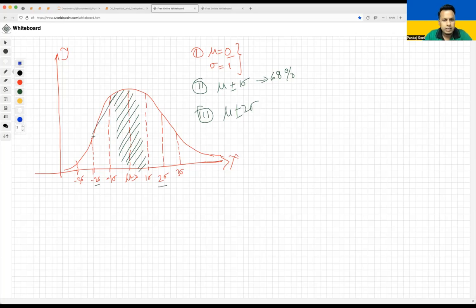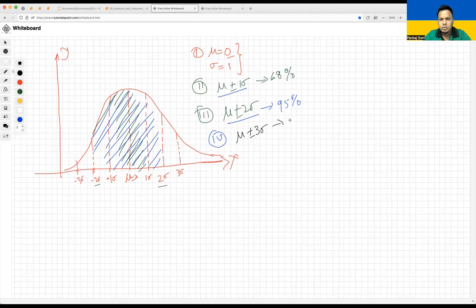Along with green, it is going to cover close to 95% of data. 95% of data will be covered between mu plus minus 2 sigma, and 68% data will be mu plus minus 1 sigma. And the fourth rule says if it is mu plus minus 3 sigma, almost 99.7% data is covered under that.